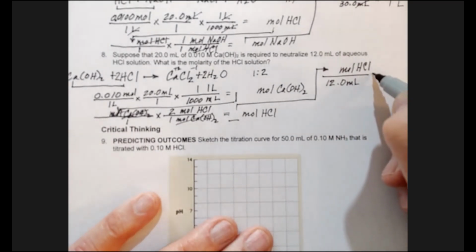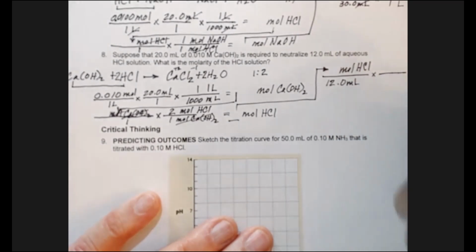Multiplied it by a conversion factor. Okay, multiplied it by the conversion factor, milliliters to cancel out our milliliters, so that we'll have liters, let's say it that way. So your final answer is? .033. That is correct.